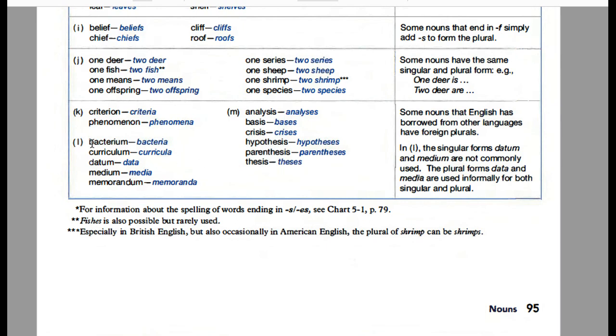And we have bacterium as a singular, bacteria, curriculum, curricula, datum, data, medium, media, memorandum, memoranda. We also mentioned symposium, it will be symposia. Symposium means a seminar, symposia. Okay, we finished the first lesson.